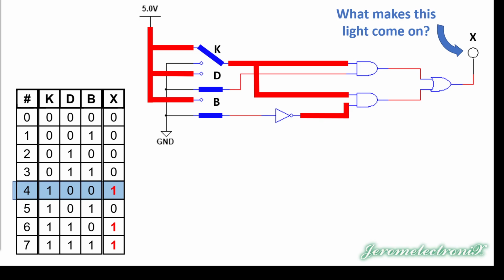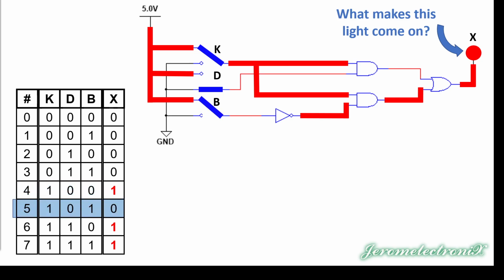The upper stream does nothing because that is a 1 times a 0, but the lower stream happens to be a 1 times 1, and 1 times 1 is 1, which pressurizes the line going into the OR gate. Even though the line at the top of the OR gate is a 0, 0 plus 1 is 1, and that results in a 1 that lights up the light.